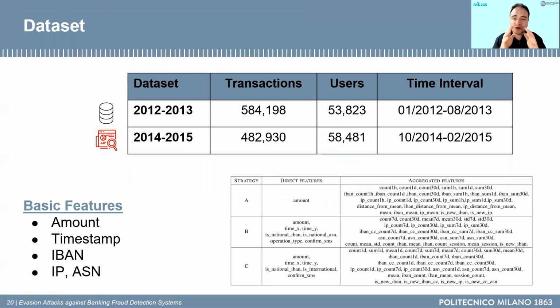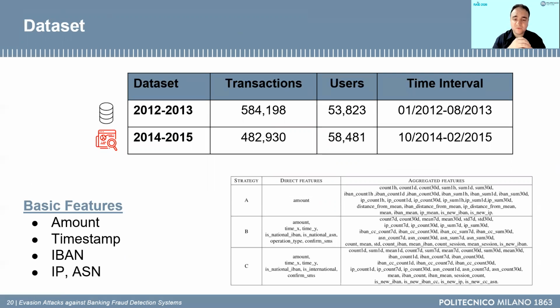We worked on two real datasets provided by an important Italian banking group, one from 2012 to 2013, and the other from 2014 to 2015. They both contain 500,000 transactions from 50,000 users.